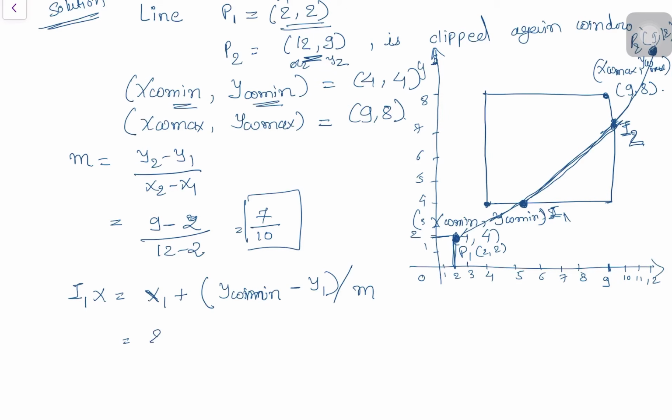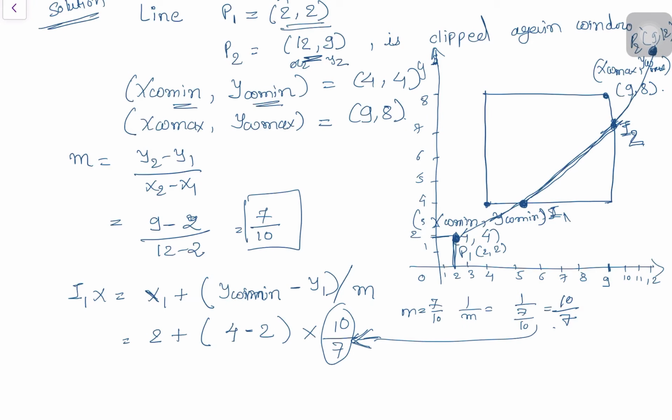That is 2 plus yw minimum, that is 4, minus 2, into 10 by 7. Suppose m is equal to 7 by 10. So 1 upon m is equal to 1 upon 7 by 10, which is 10 by 7. So this will come to 10 by 7.